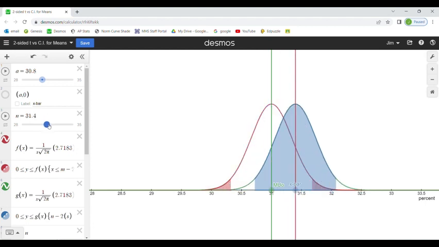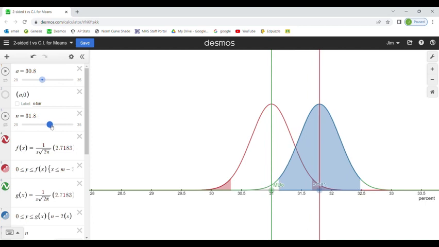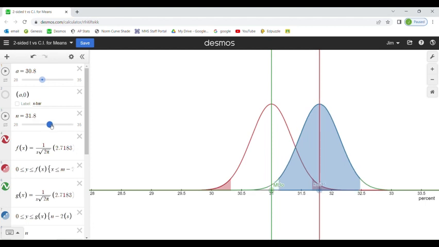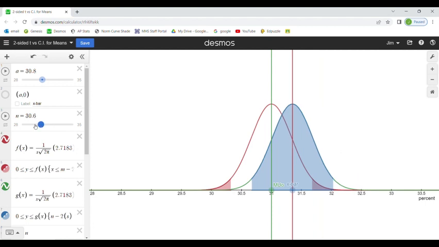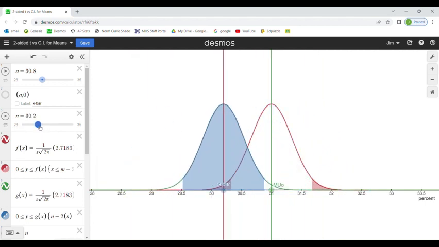If my x bar is just in the range where I'm going to reject my null hypothesis, notice that the hypothesized value is no longer contained in my confidence interval. So these things will always give us the same results.